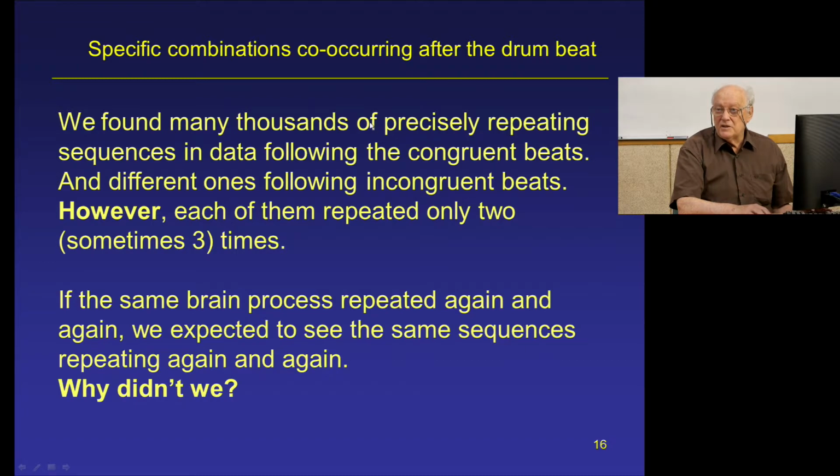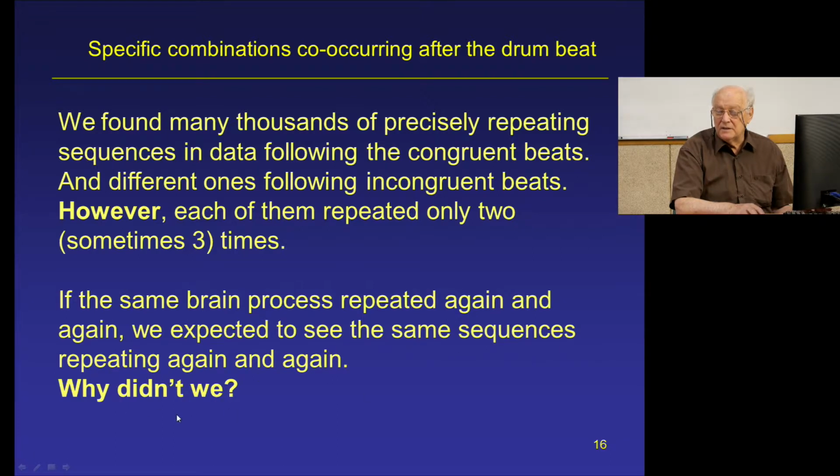We found many thousands of precisely repeating sequences in data following the congruent beats, and different ones following incongruent beats. However, each of them repeated only 2, sometimes 3 times. This is strange, because if the same brain process repeated again and again, we expected to see the same sequences repeating again and again.